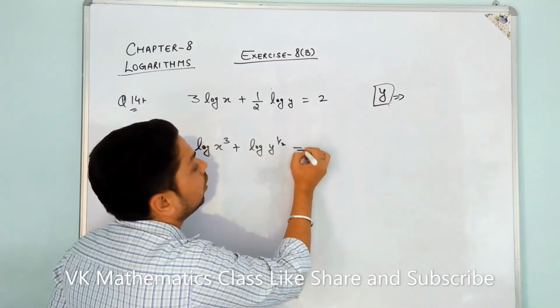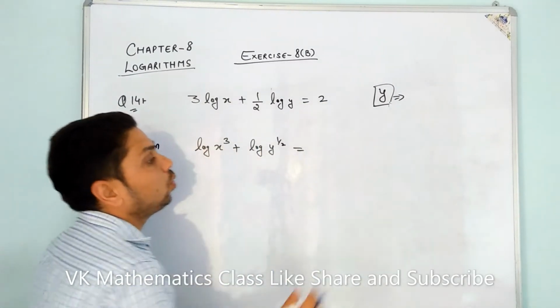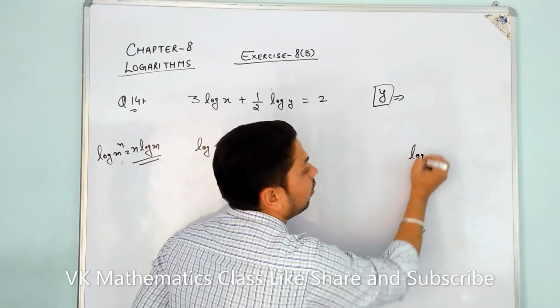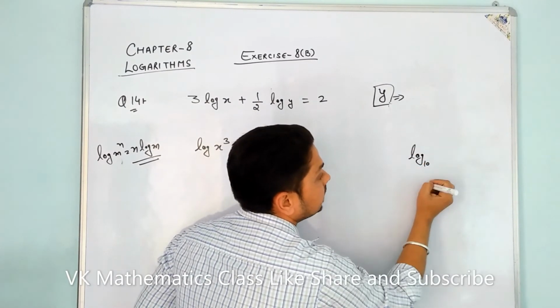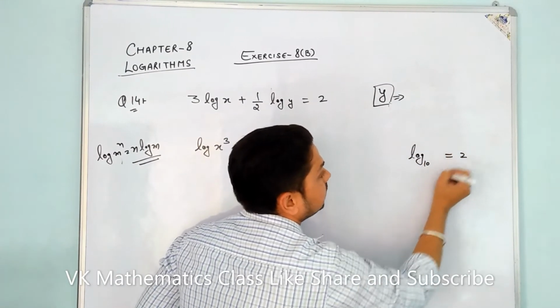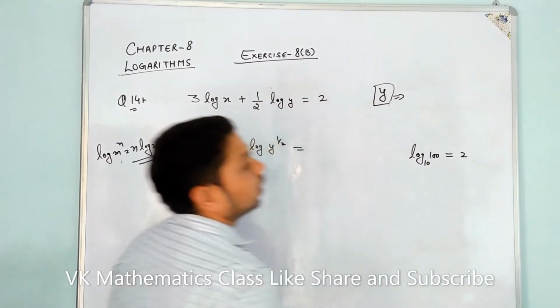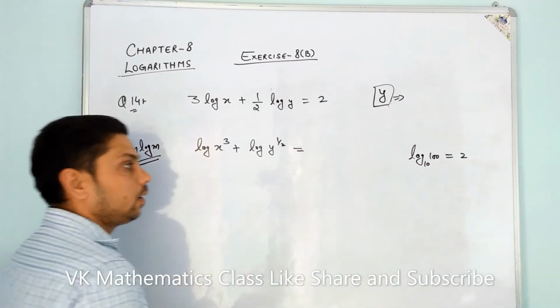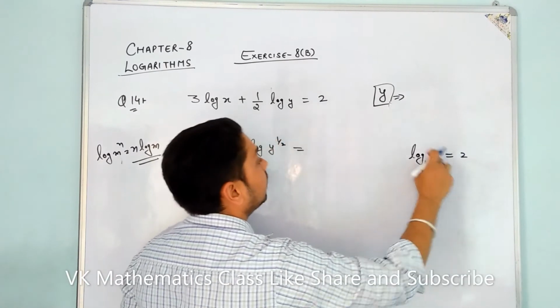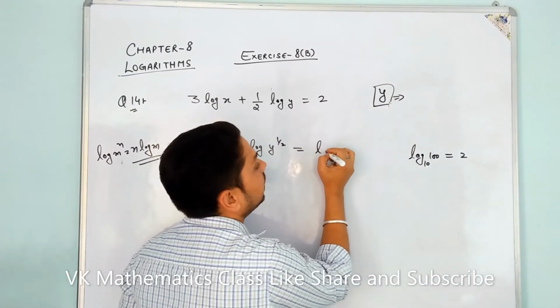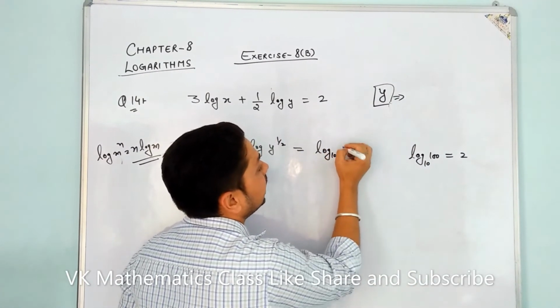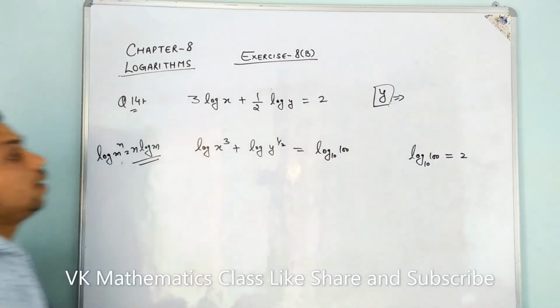This will give you 2, and 10 raised to power 2 is equal to 100. So 2 can be written as log of 100 with base 10.